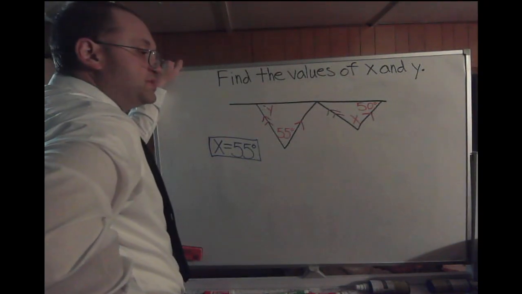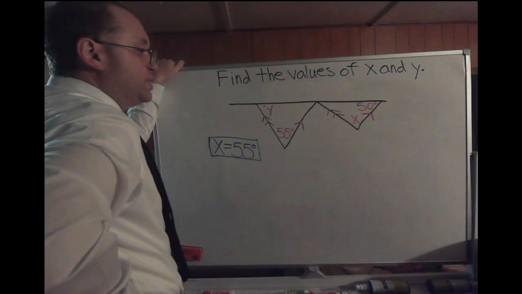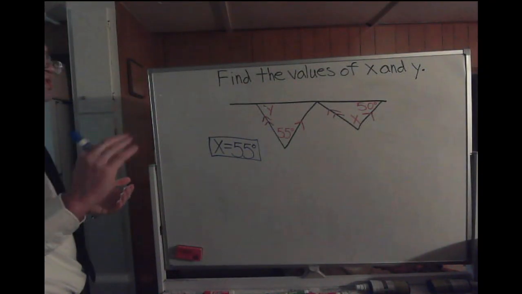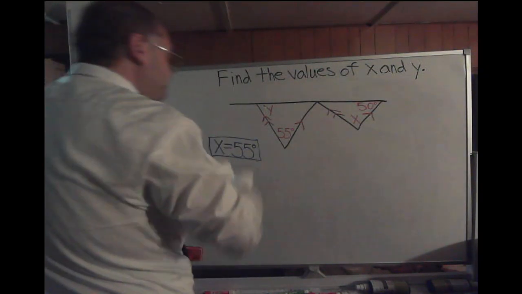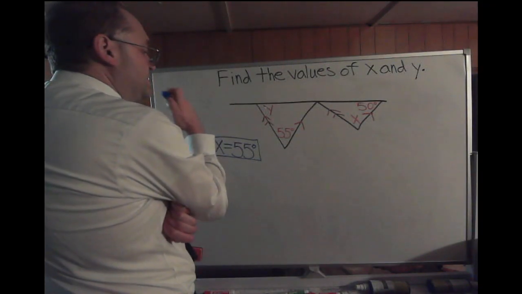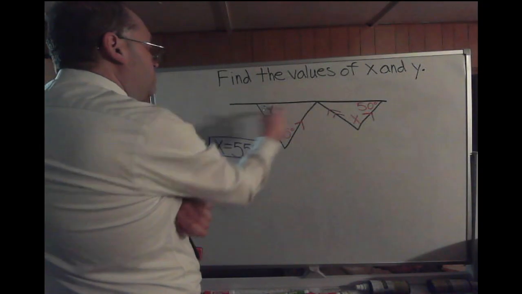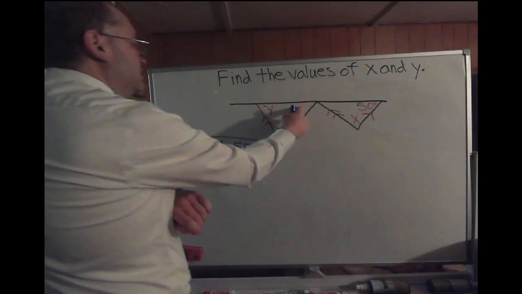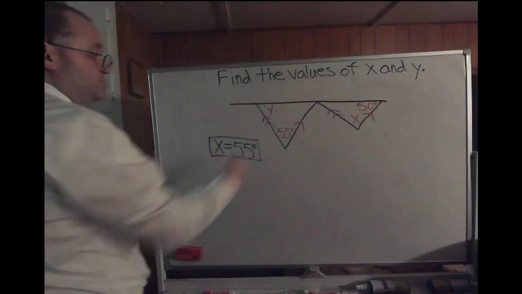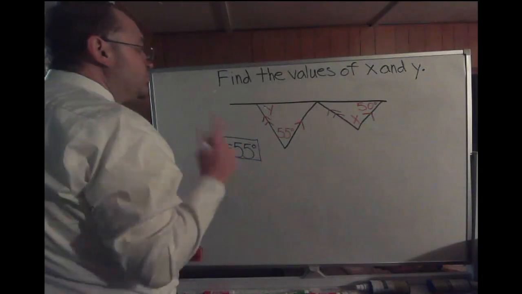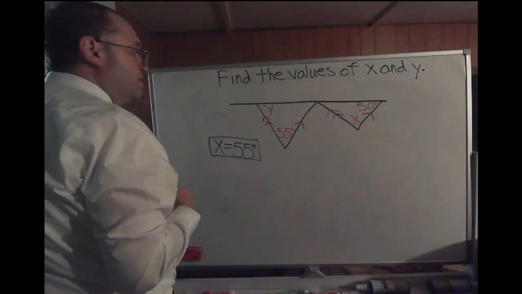We're not going to use any triangle properties yet. Without using triangle properties, you can still solve this. So how would we go about that? We don't know what this angle is, not whatsoever. But I'm going to show you something here.